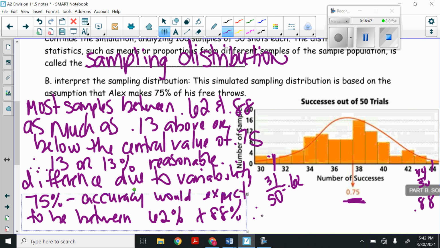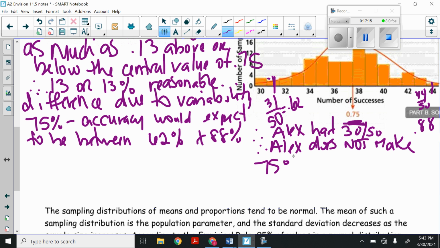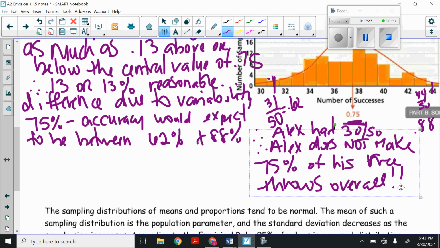Alex had 30 out of 50 shots. That does not fall within the 62 to 88%. Therefore, Alex does not make 75% of his free throws overall. Alex was bragging a little bit to Gabriella.